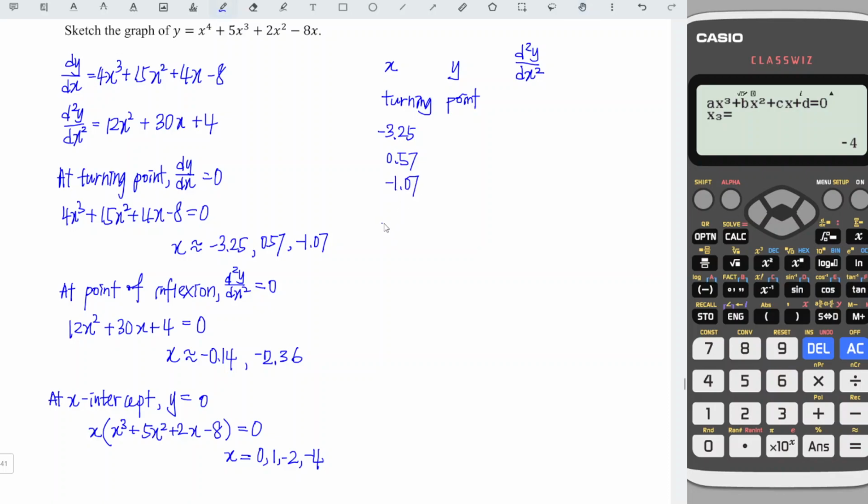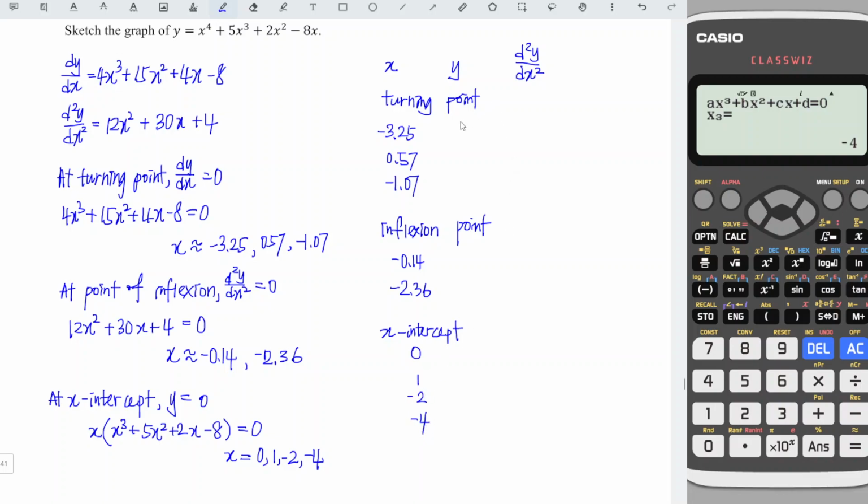Then for inflection point, we have negative 0.14, negative 2.36, and for x-intercept, we have 0, 1, negative 2, and negative 4.